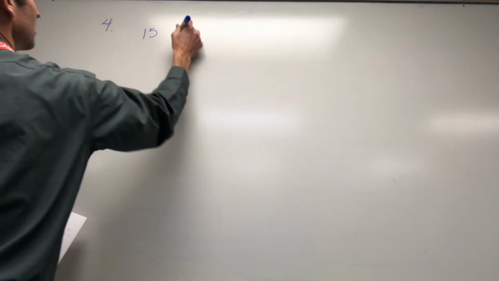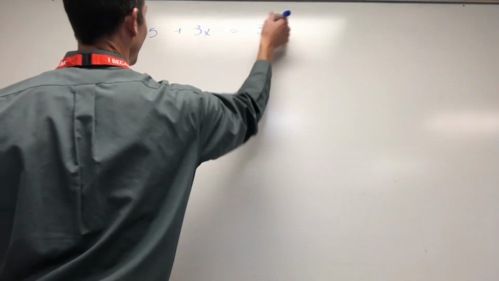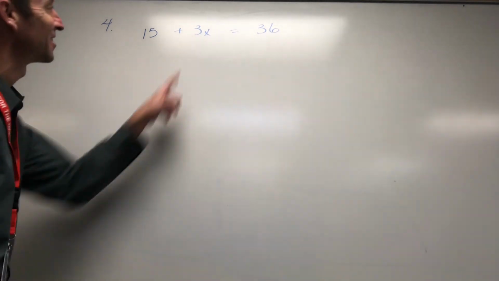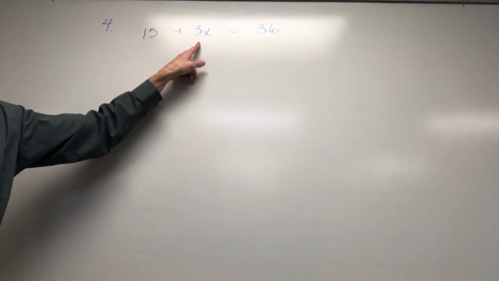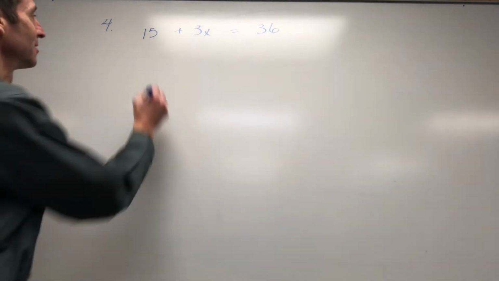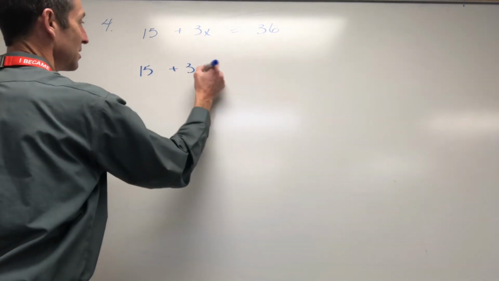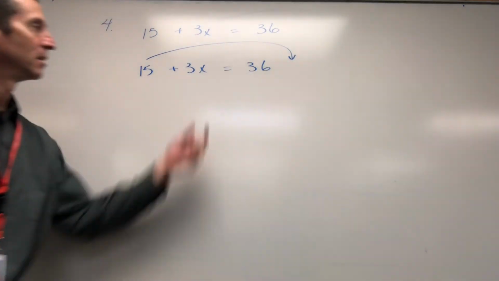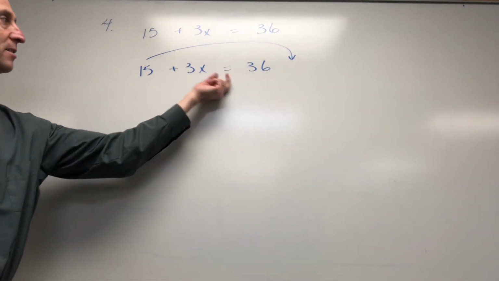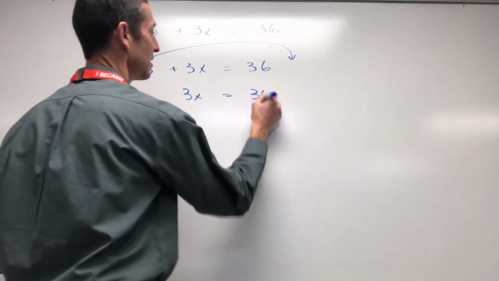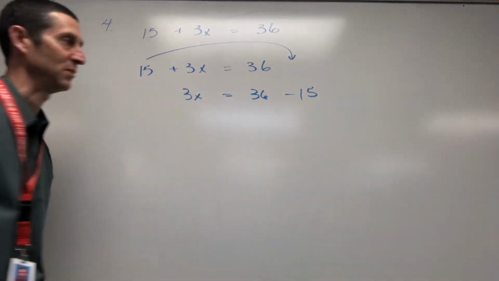15 plus 3x equals 36. All right, let's do this. Here's my x sitting right there. I need to get it by itself. Let's take care of the old 15 first. So what that looks like is we're going to grab this 15 and move it over. It crosses the equal sign, so it changes from positive 15 over here becomes negative 15.